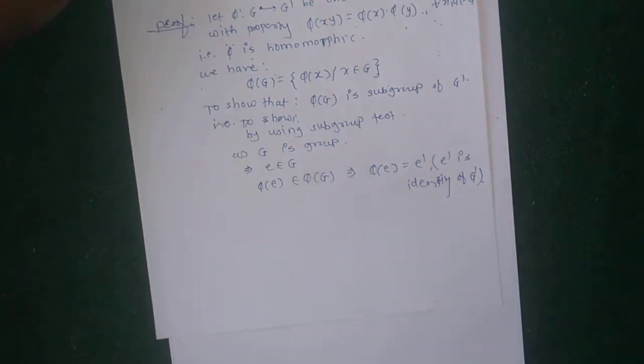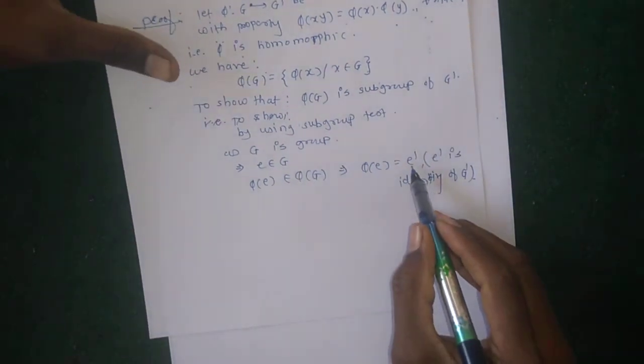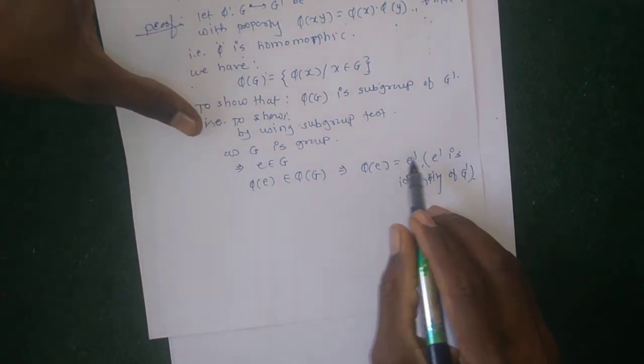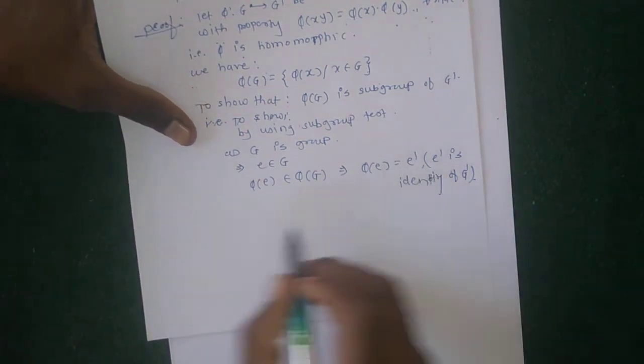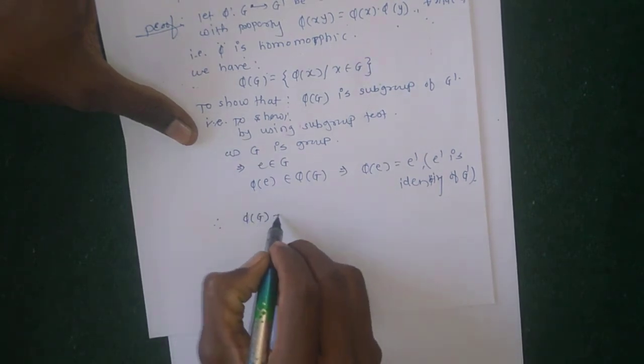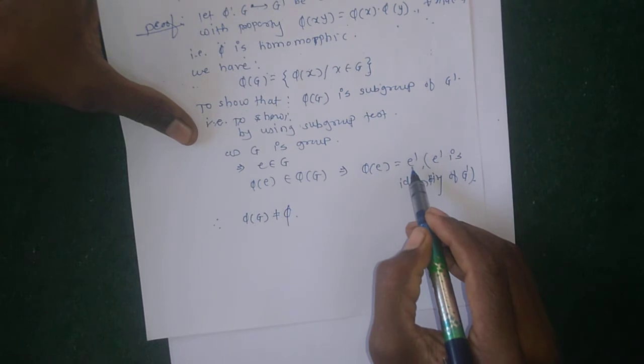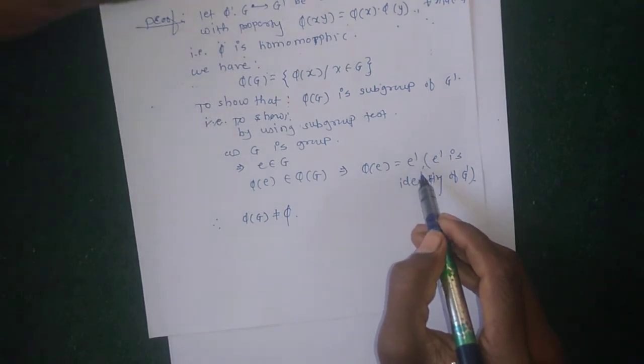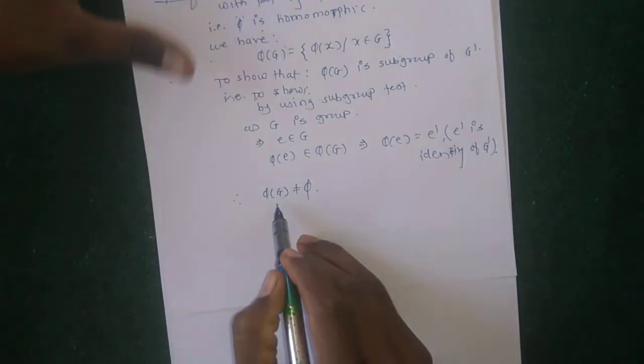Phi of E must vanish at E', because phi is 1-1. Therefore phi of G is non-empty, meaning at least one element belongs to the range set. Therefore phi of G is non-empty.